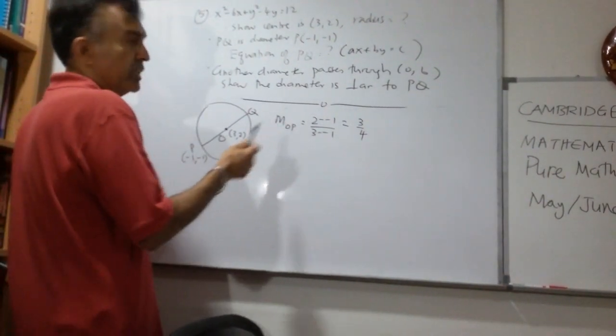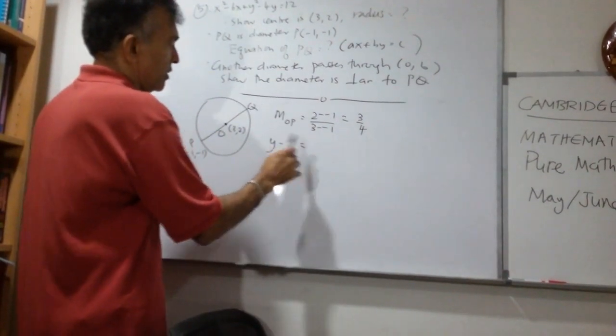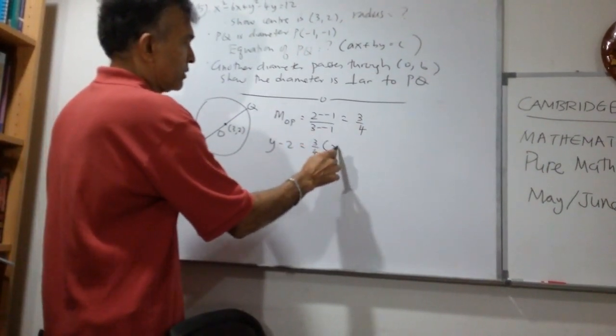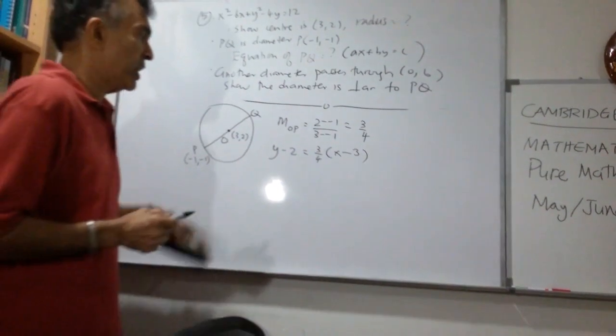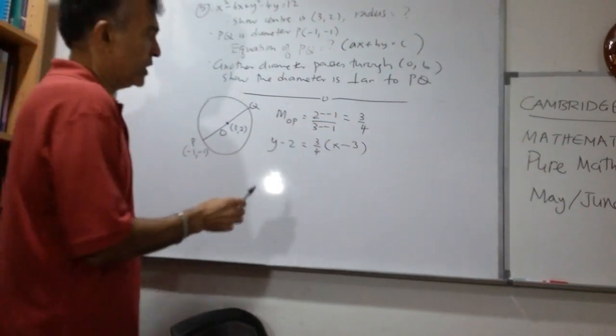So I have the gradient, I can write the equation very easily. y minus y1 equals the gradient times (x minus x1).